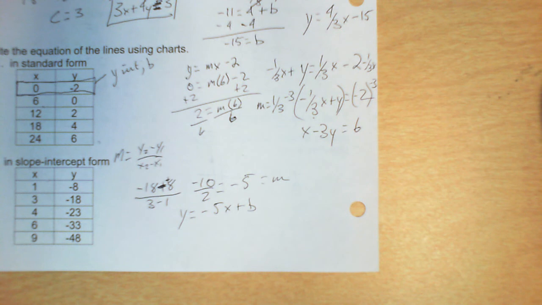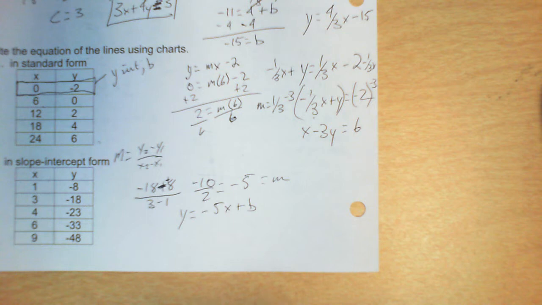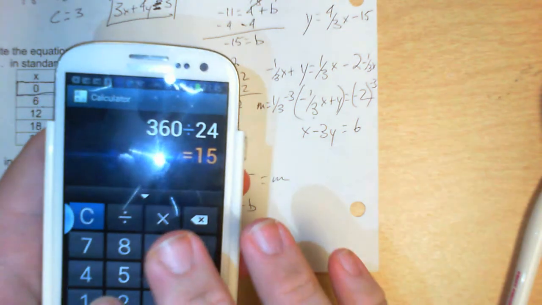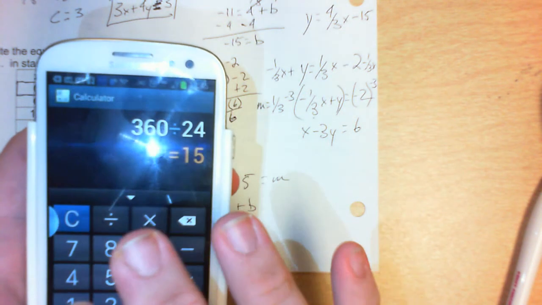Because it'd be y2 minus y1, so y2 would be -8, and then minus, because then you do plus 18, change. Here, let's plug it into a calculator. Did you do the? Okay? Yeah.